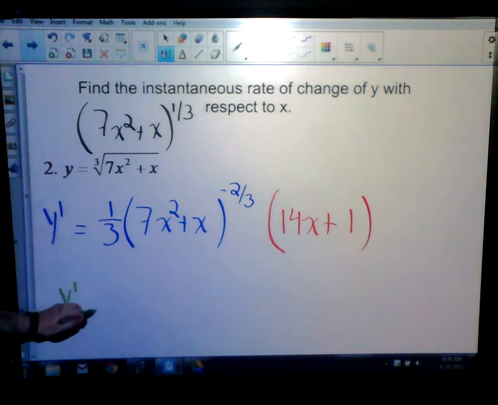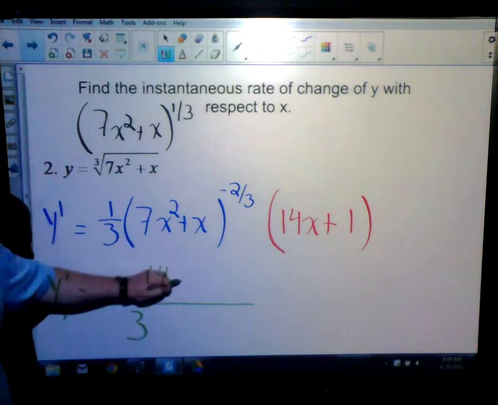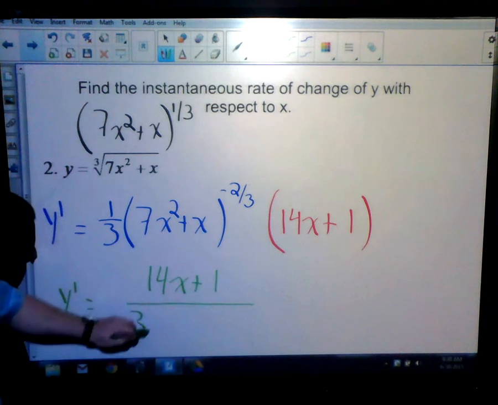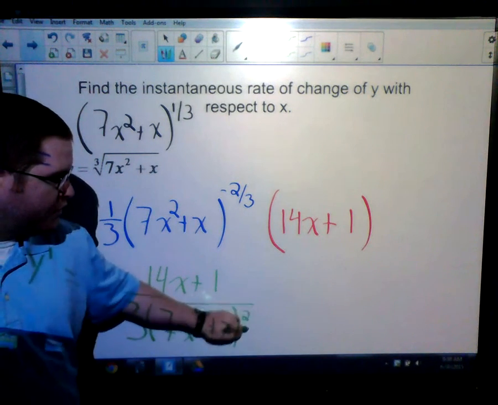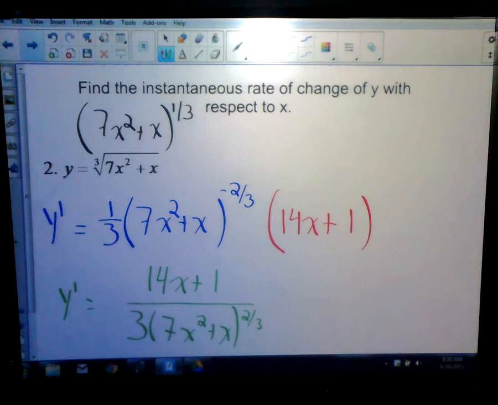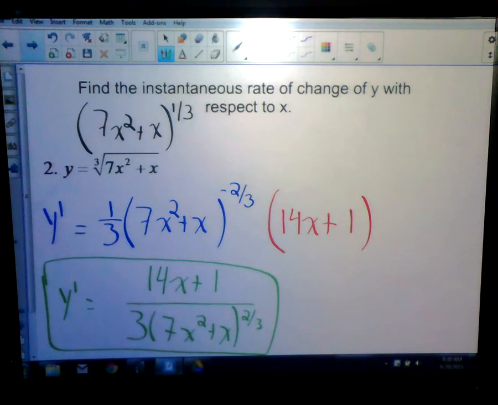So y prime equals 1/3, the 14x plus 1 stays on top, and the 7x squared plus x to the 2/3 goes on bottom because it was negative. And that is your answer. Chain rule. Outside first, leave the inside be, then do the derivative of the inside. Okay?